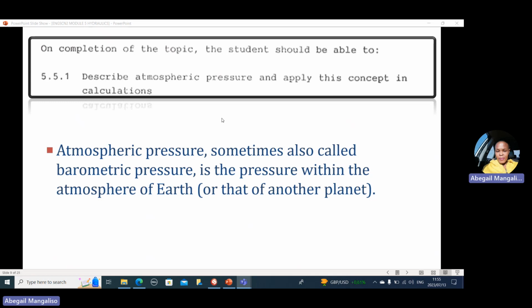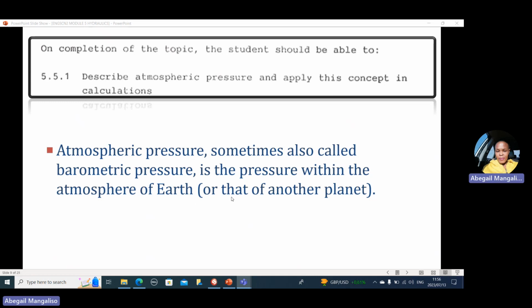This pressure is the force per unit area exerted against a surface by the weight of the air above that surface.